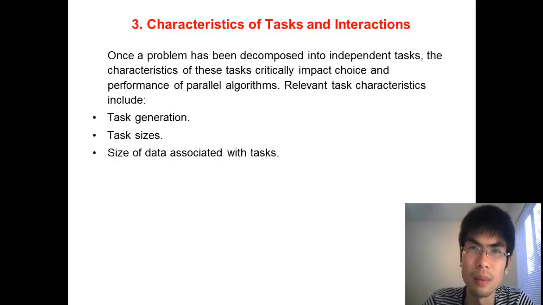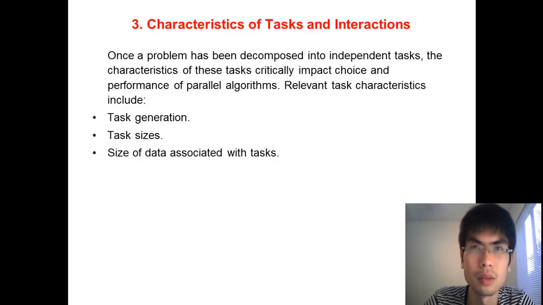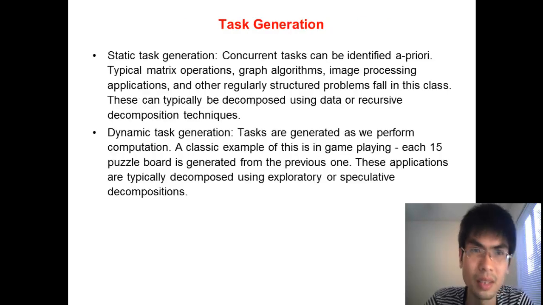And let's talk about the third part, which is about characteristics of tasks and interactions. The task here is the computing mission a computer or node should complete. The task characteristics include task generation, task size, and the size of data associated with the task.